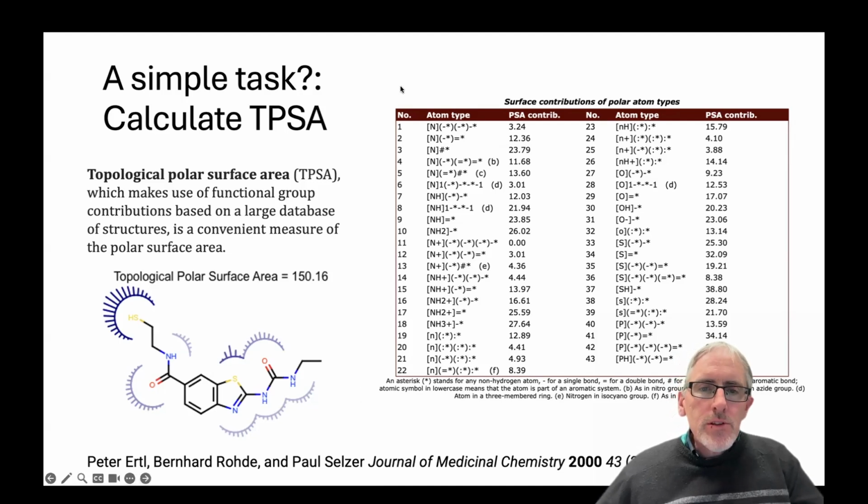It's possible to do this with a simple group contribution method, where you would take a table like the one from the Ertl paper, find the functional groups by these wildcard matches, and then sum up the polar surface area contributions for all the functional groups within the molecule to get a TPSA value.